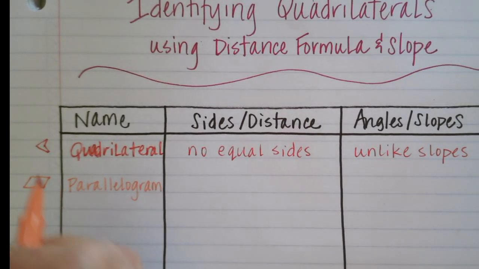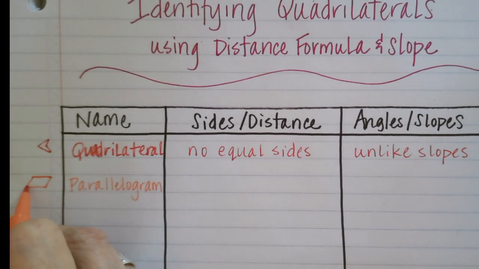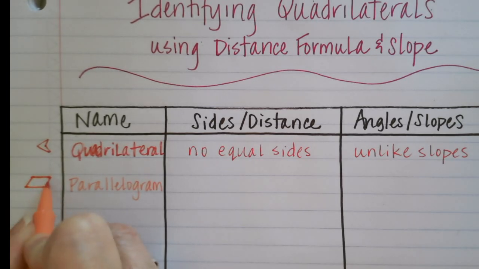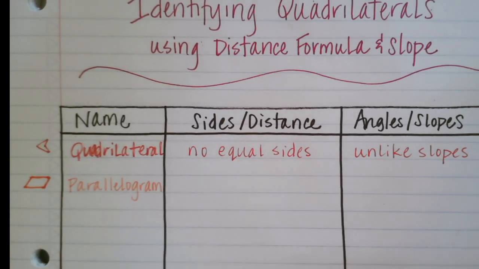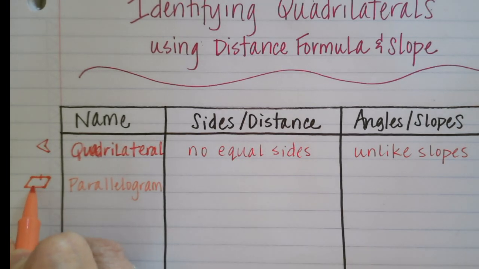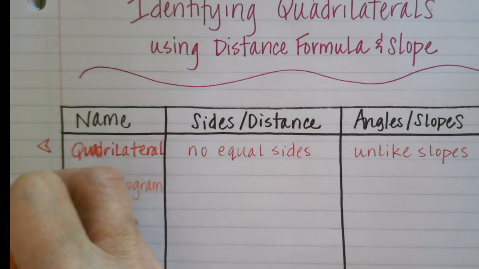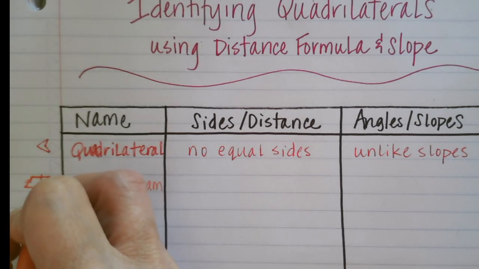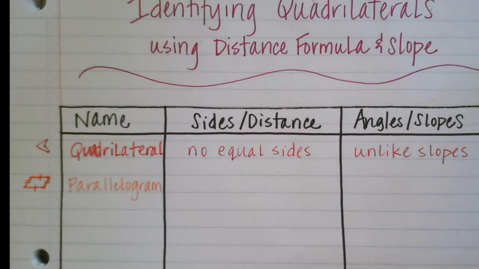The deal is that opposite sides are parallel and the same length. So that means that this side up here has to be the same length as that side, and then this side on the left has to be the same length as on the right.